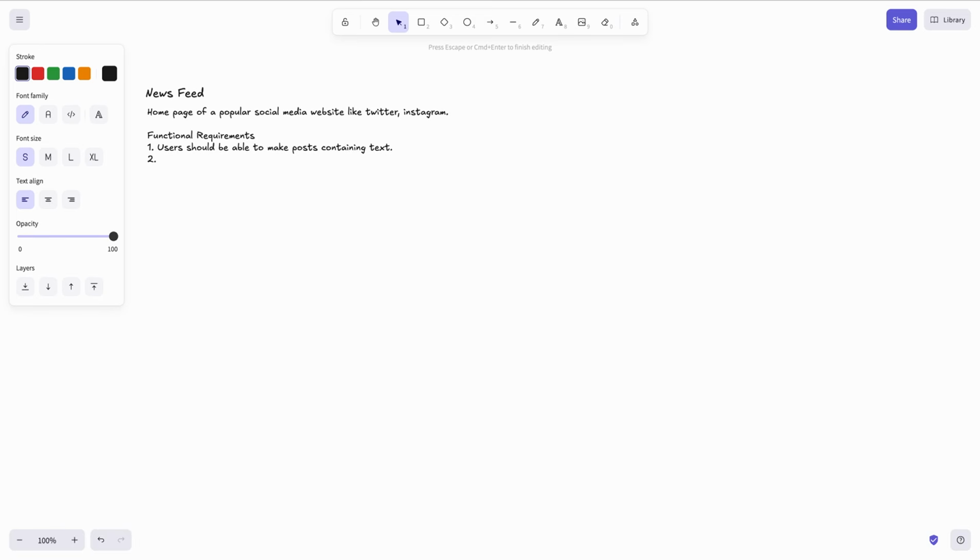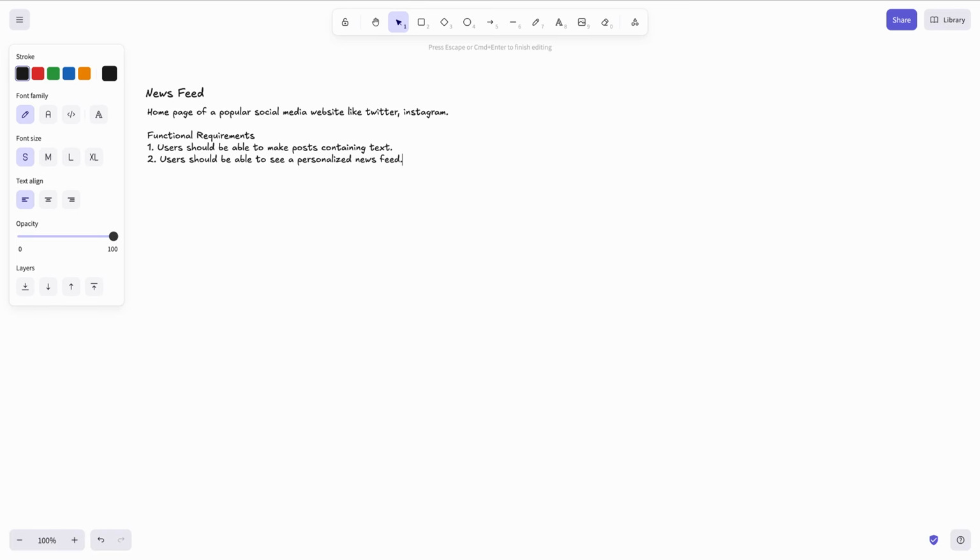Next up, user should be able to see a personalized news feed. This is the read side of our system, and it is the most critical part.